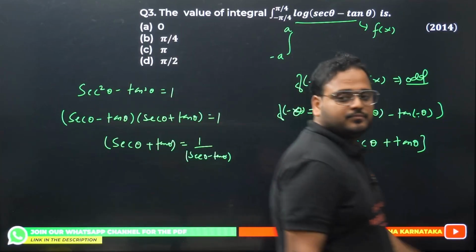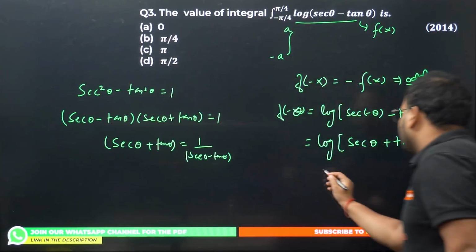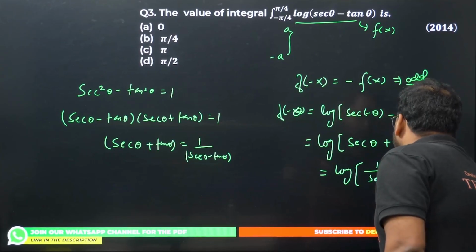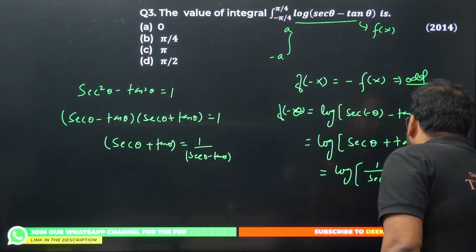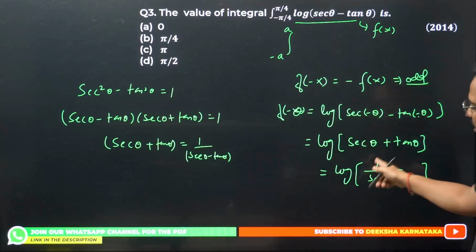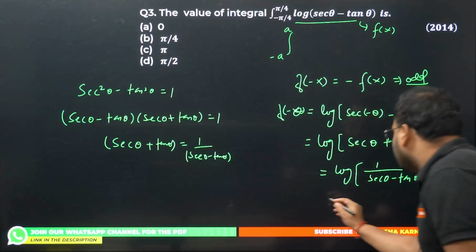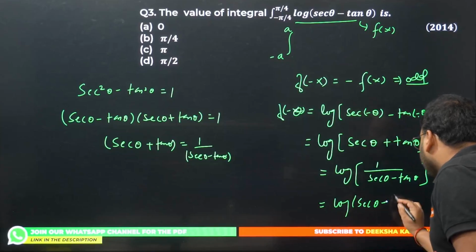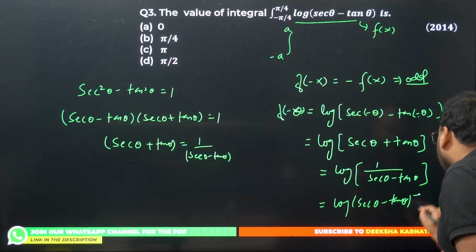Use it over here. You'll end up with log of 1 upon sec theta minus tan theta. You can write the reciprocal as an exponent, so it becomes log of sec theta minus tan theta to the power minus 1.